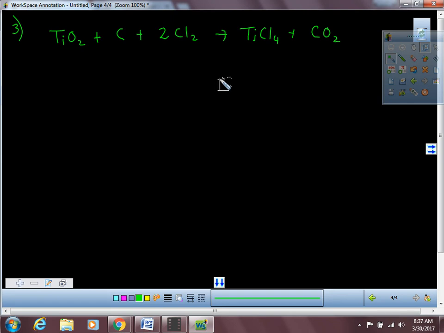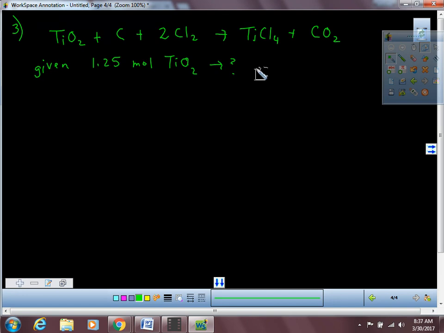If you begin with 1.25 moles of TiO2, what mass of Cl2 gas is needed? So we are given 1.25 moles of titanium 4 oxide. What are they asking us for?